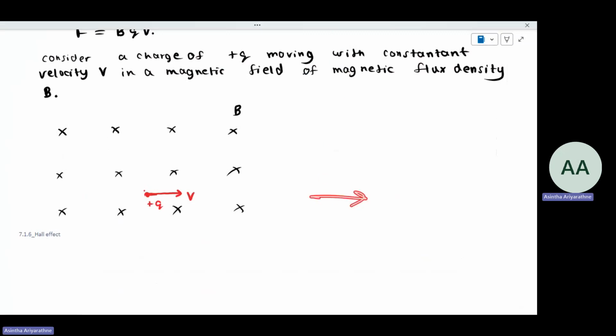The direction of current is towards right, and the direction of the magnetic field is into the whiteboard. Then the thumb would be pointed upward. So the force would be induced here, towards upward.